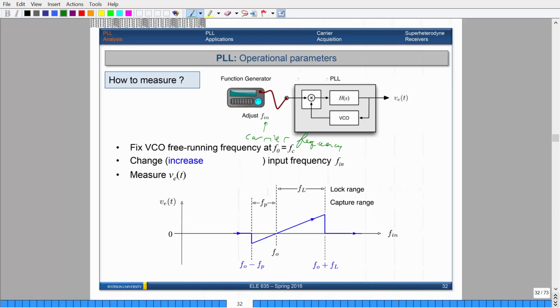If you adjust this so that the input frequency becomes larger, this is what is visualized. F0 here is your free running frequency.